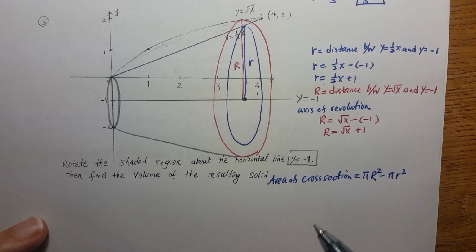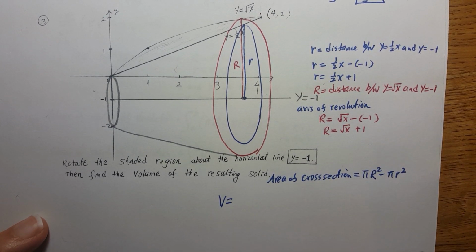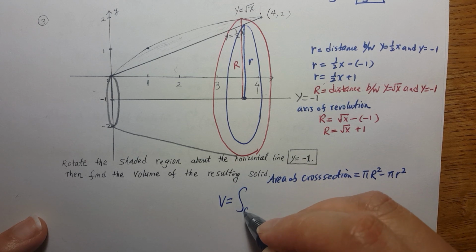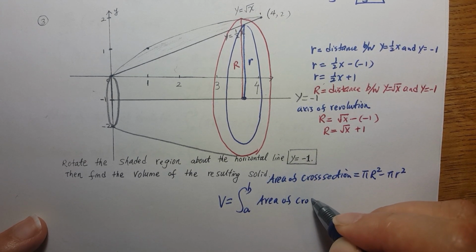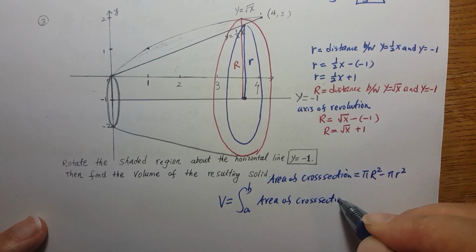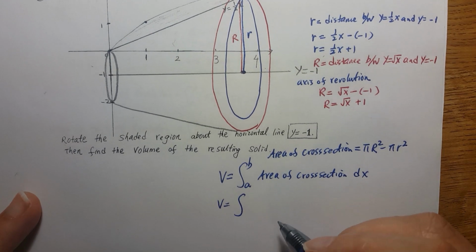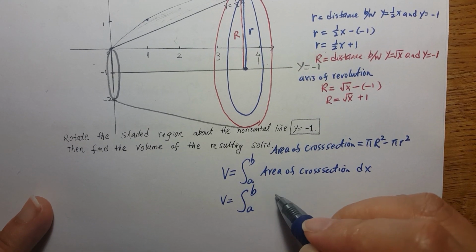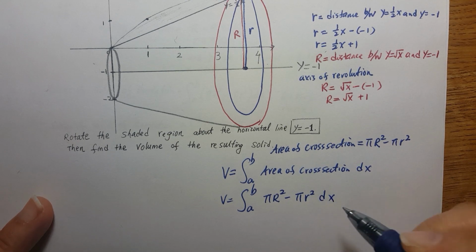Okay, so now we are going to do volume equal to integral a to b area of cross section dx, and integral a to b pi R squared minus pi small r squared dx.